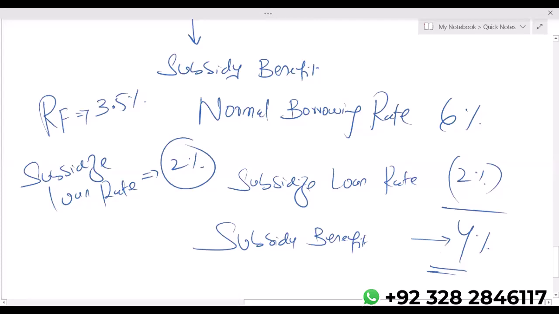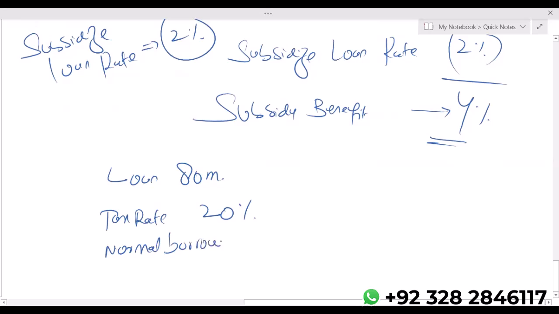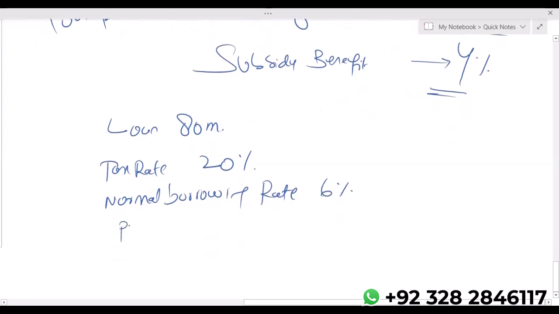Okay, now I'm bringing in the amount of loan. Assuming the loan is 80 million. Tax rate is, let's say, 20%. We know that the normal borrowing rate is 6%. Project life is 4 years.